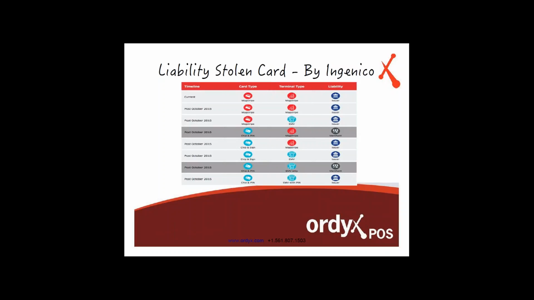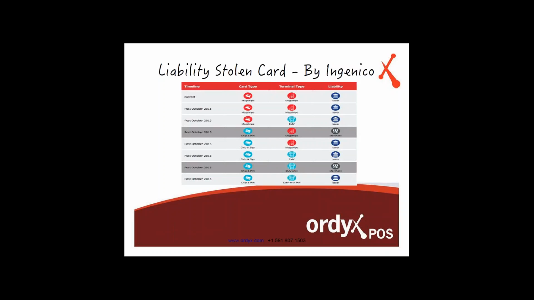Come October 2015, again, for these magnetic stripe cards that don't have EMV chips, if you swipe them like normal, it's always going to be the issuer's fault, because it is the issuer's responsibility to provide customers with chip cards, and if they don't, then they're liable for these transactions that could be because of stolen cards. The next one, even if that same magnetic stripe card is used on an EMV terminal, again, it is the issuer's liability.